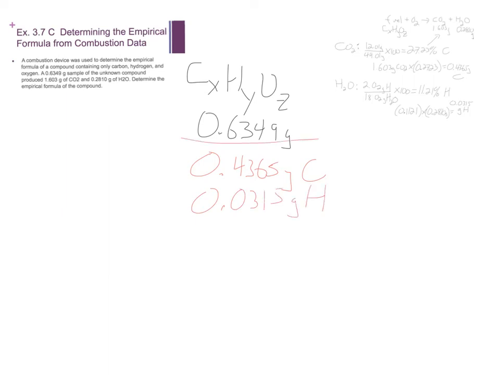That means the remainder there has to be the oxygen. So there's no mass percents we can do for the oxygen. We simply subtract all of these. The total was 0.6, the carbon was 0.4, the hydrogen was 0.03. So the remainder there is going to be the oxygen, which is 0.1669.